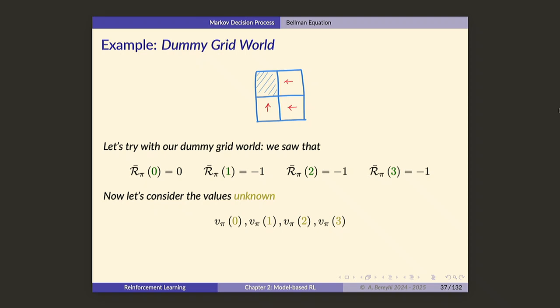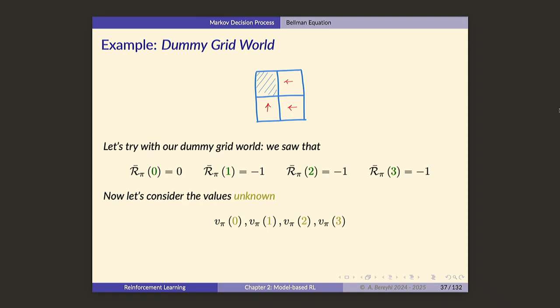In any of these states, when I move based on this policy, I'm going to get to another cell, and because of that, I get the immediate reward -1, right? So that makes sense to you that the immediate reward, the average given the policy, is 0, -1, -1, -1? Clear? If I change my policy, this is going to change, right?